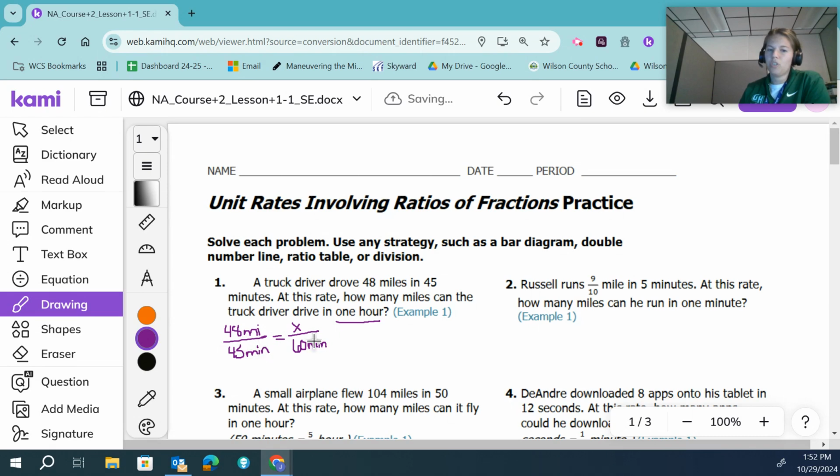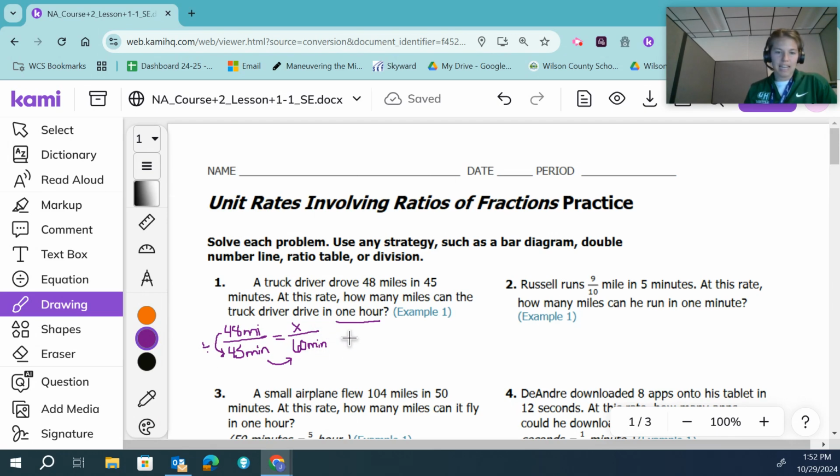We can use a proportion in order to solve this. To solve the proportion, we find the unit rate per minute first: 48 divided by 45. Then I would take that and multiply by 60, and that is going to give me the rate per hour.